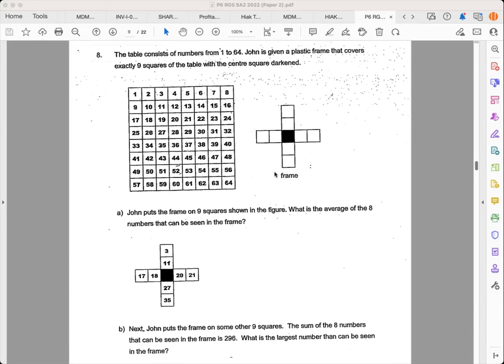Let me move these up a little bit. So the 8 numbers that can be seen in the frame will be 3, 11, 7, 18, 20, 21, right? So they're asking for the average. Very simple, just add them up.